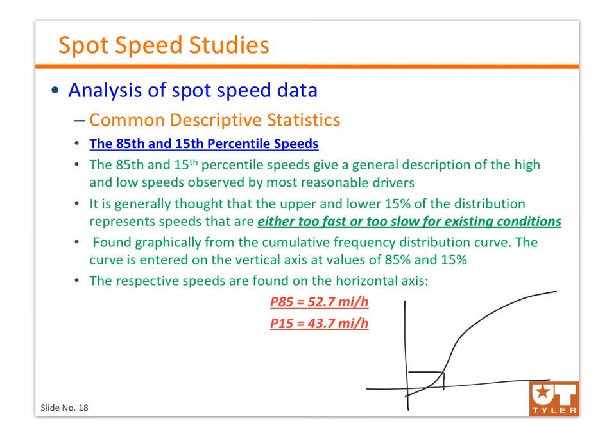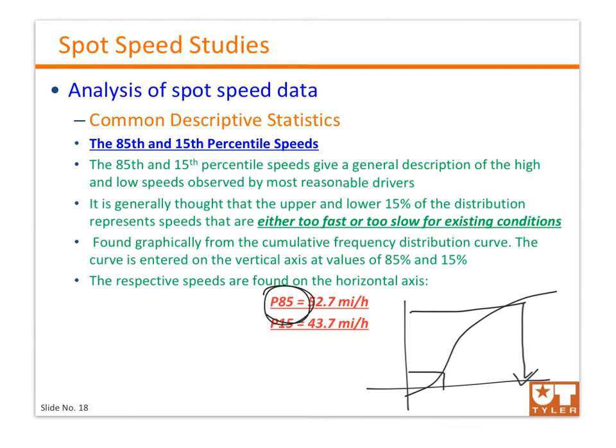Draw a horizontal line and then a vertical line, and that would be the P15, or the 15th percentile speed. Now we can do the same thing at the 85th percentile, and that would be the 85th percentile speed. In this case, we have the P85.